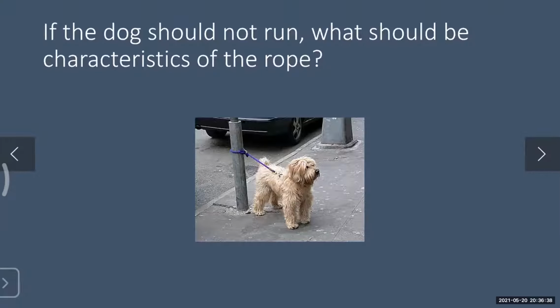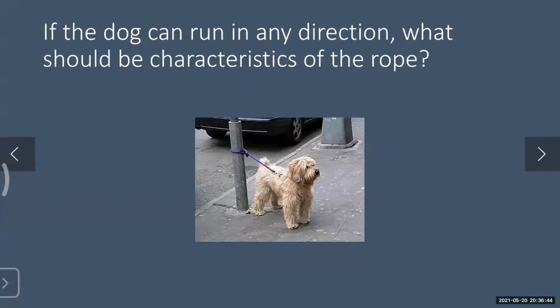If the dog has to be in place, the rope which is holding it should be tight and taut. But if the dog should be able to move in any direction, then the rope should be cut off from the pole, right? So the surprise is if the brain is only sending a command at that time and we are standing in a posture, and then we are going to move to another posture, right?